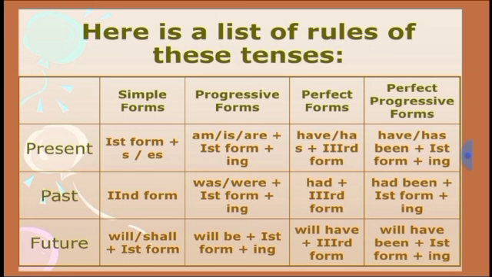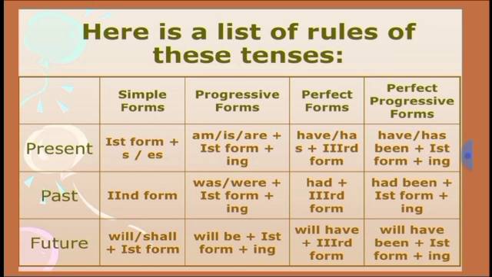Then first form of the verb plus ing means, suppose the first form of the verb is read, means V1 is read, then your verb which will come in progressive form will be reading. Okay. Then if it is in the past progressive form, then what will come? The is and am part will become was and were, plus again the first form of the verb and ing.